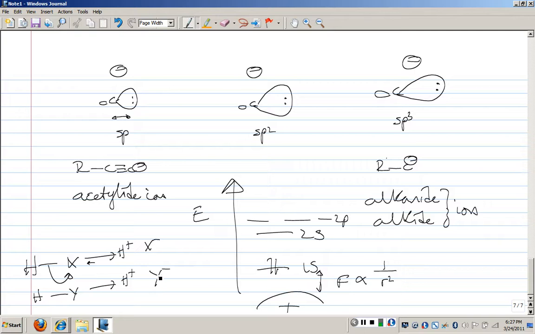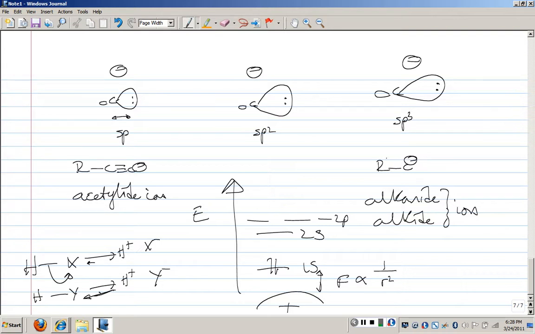But if Y minus is very unstable, then the equilibrium for the ionization of HY will lie far to the left, because the stability of the proton is the same. So the stability of the counterion plays a significant role in terms of the acidity of the compound. I'm going to rephrase that. The stability of the conjugate base plays a very big role in the acidity of the compound.